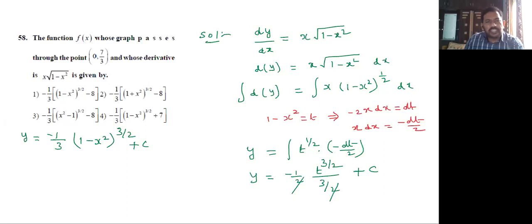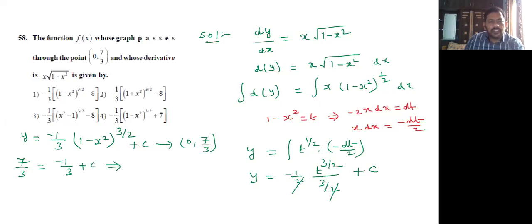And this curve is passing through 0 comma 7 by 3. Now substitute x as 0 and y as 7 by 3. 7 by 3 is equal to minus 1 by 3 plus c.